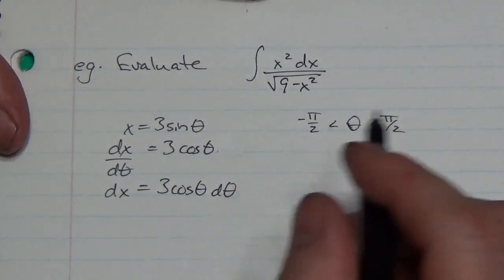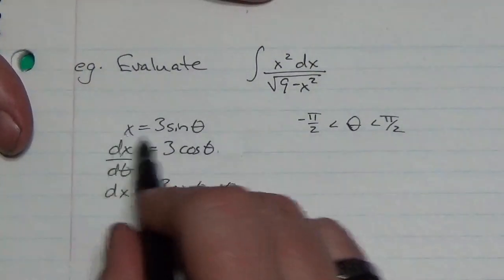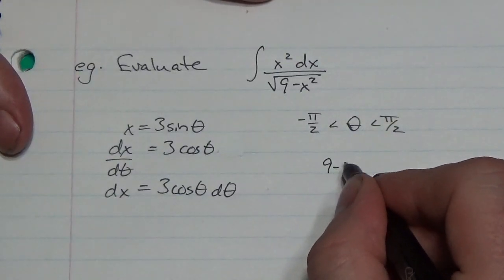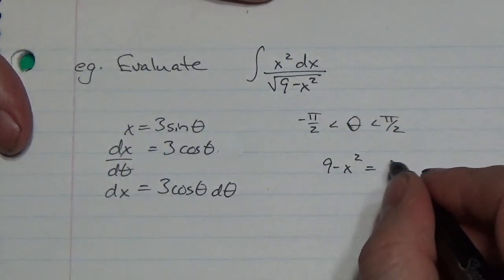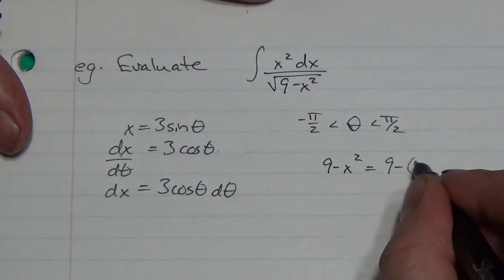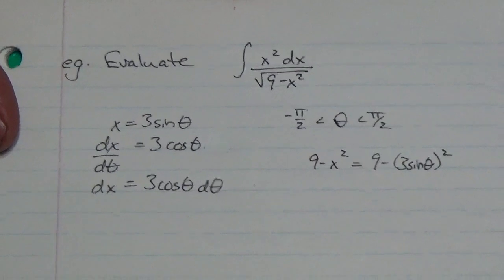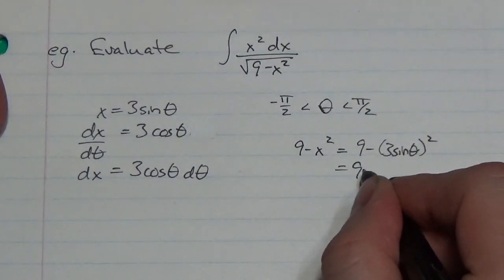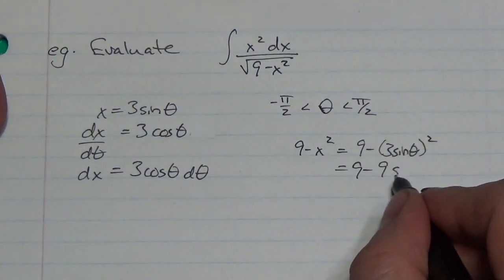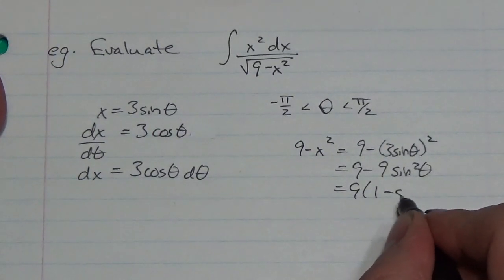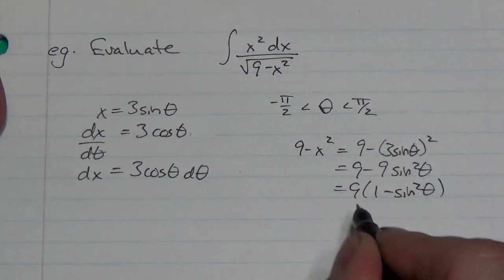Now, I also know, because of the substitution that I'm choosing here, that 9 minus x squared is going to be 9 minus 3 sine theta squared, or 9 minus 9 sine squared theta. There's a common 9, so I can factor that out.